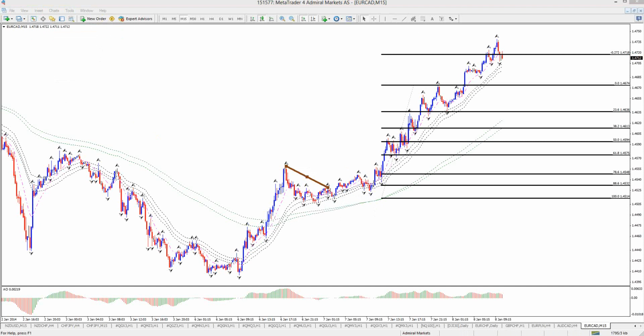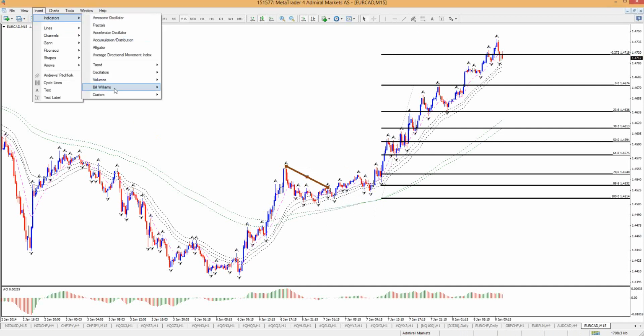If you want fractals, you can go to Insert, Indicators, Bill Williams, Fractals. I have to admit that to me, a chart without fractals just looks strange.